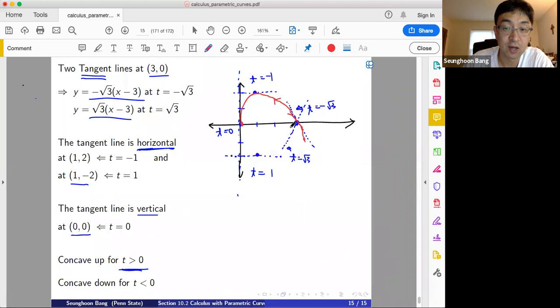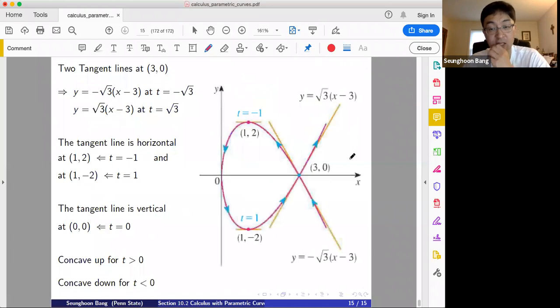Here the concavity changes, and this is a horizontal tangent line, going this way. Same here, we approach this tangent line, and move like this. This is the whole idea. The graph is like this.